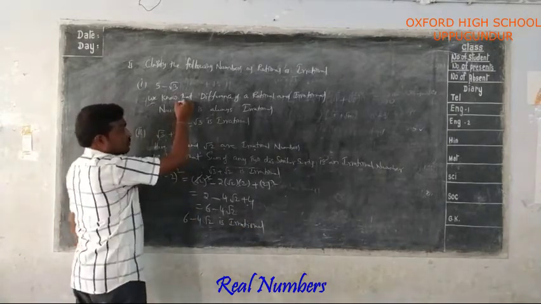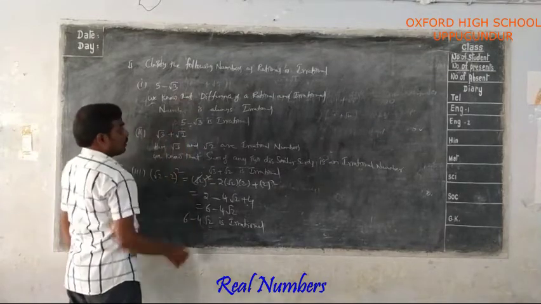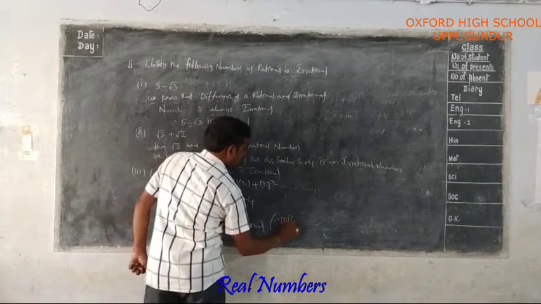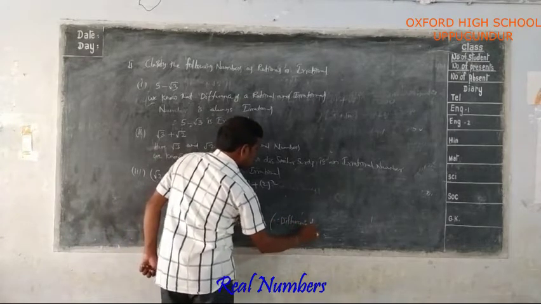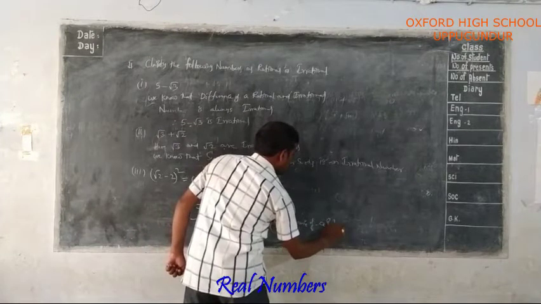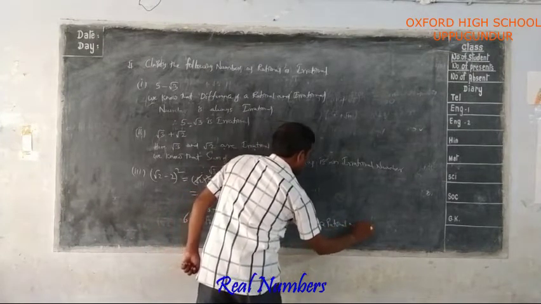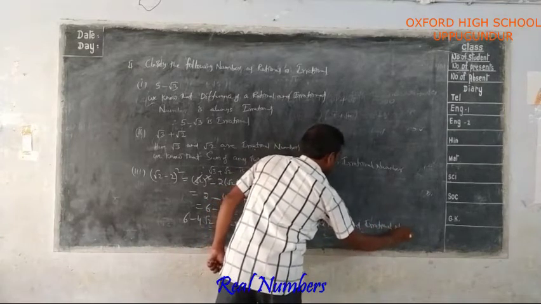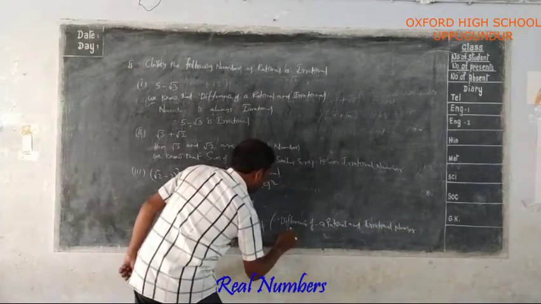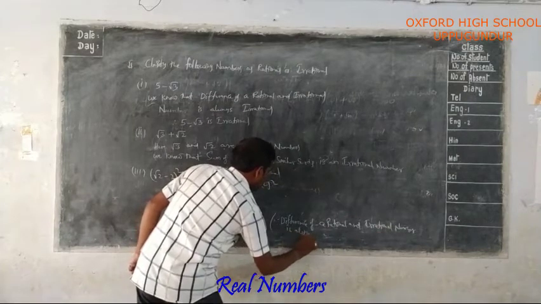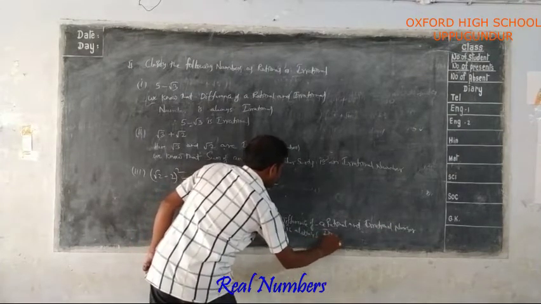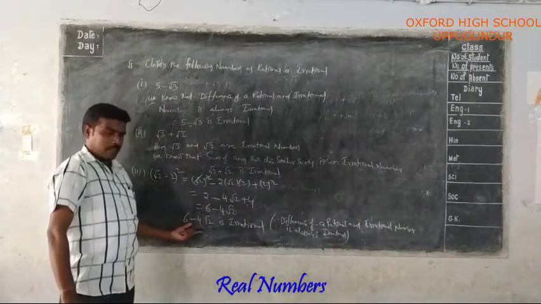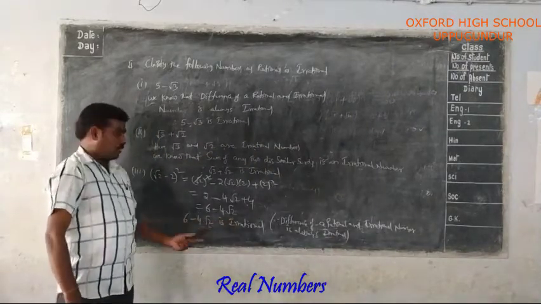Because of the same reason you have to write: since the difference of a rational and irrational number is always irrational. So when we simplify this, we are getting 6 minus 4 root 2, which is irrational.